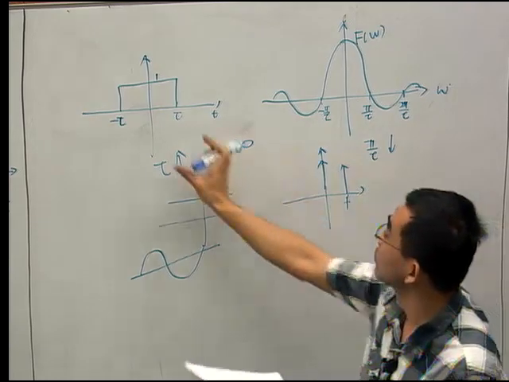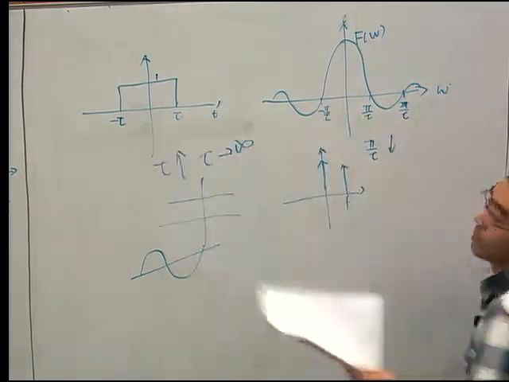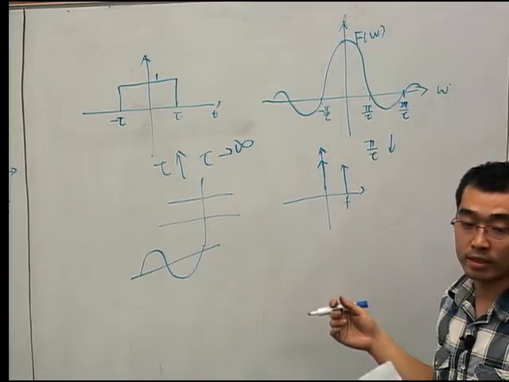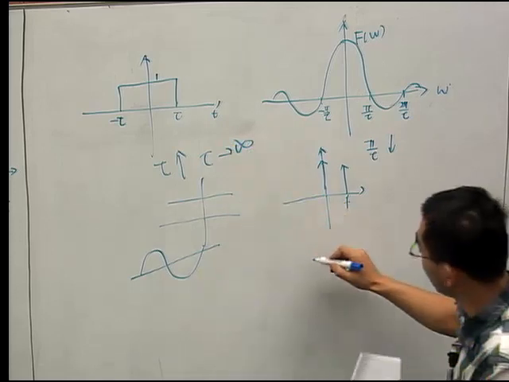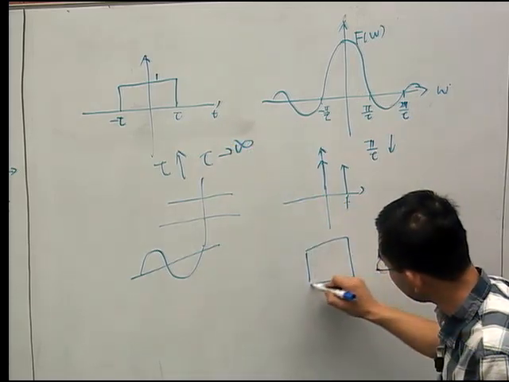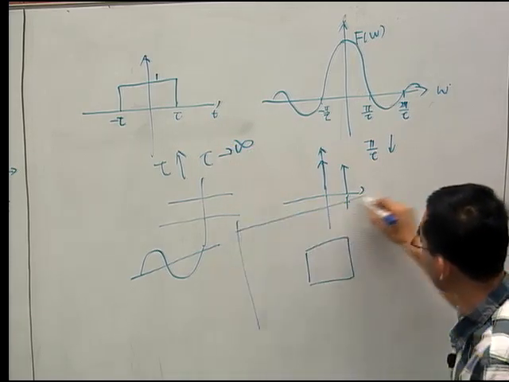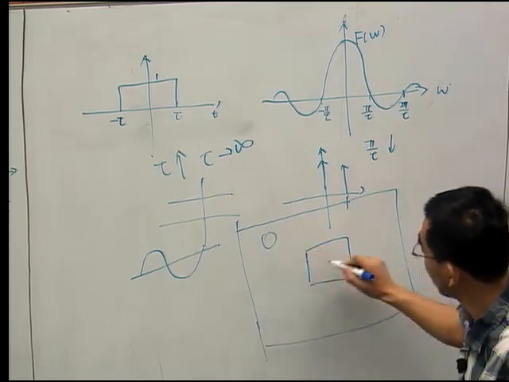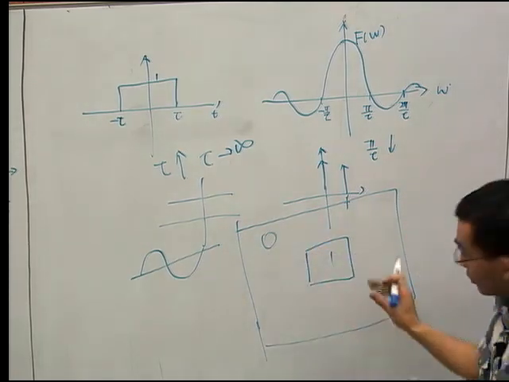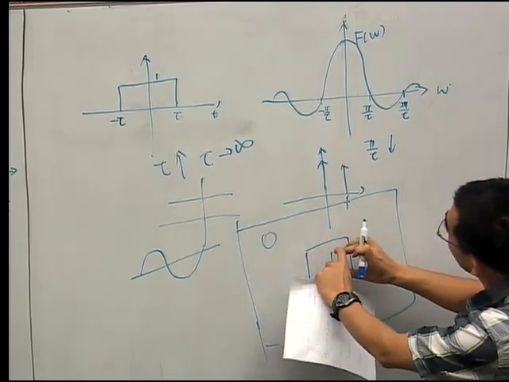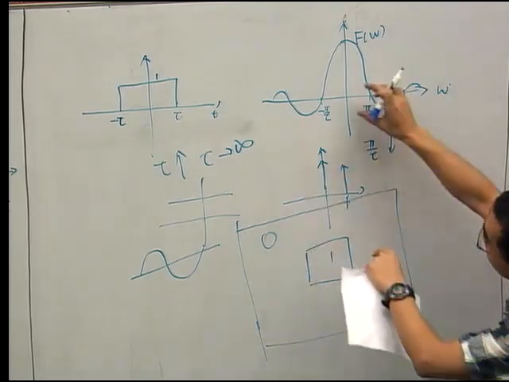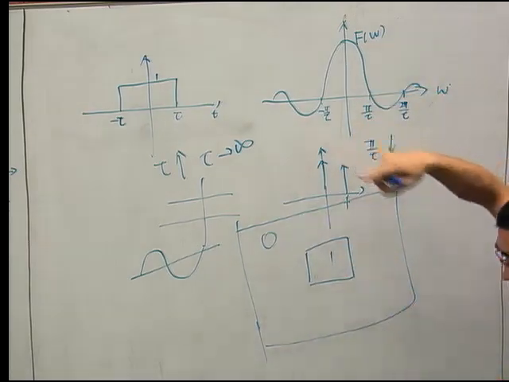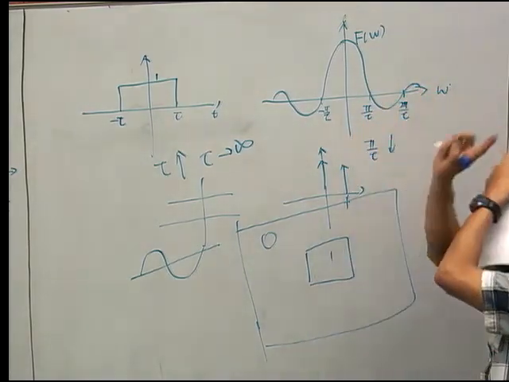Another thing is that if you shrink this one, you expand this one. In 2D it's the same. This is the 1D. In 2D, you will see, I mean, this is the image. So all this is 0, this is 1. If you shrink this one, here in the 2D you will have a single function, but you're just rotating this one.